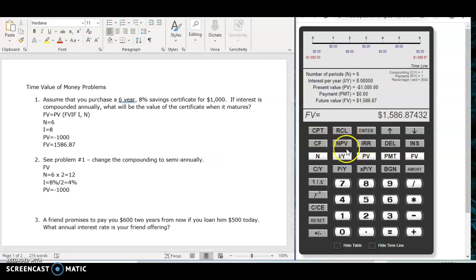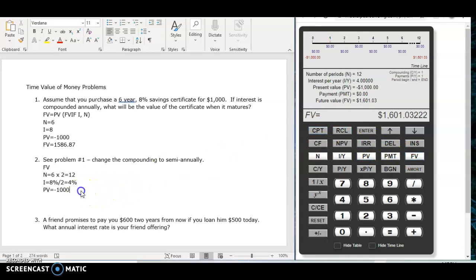So we have that negative 1,000. Now if we go over to the calculator, we hit reset. We enter in 12 as our N. We enter in 4 as our interest. We enter in 1,000 as our present value, which means we have to enter a negative, and then PV. Now we hit compute future value.